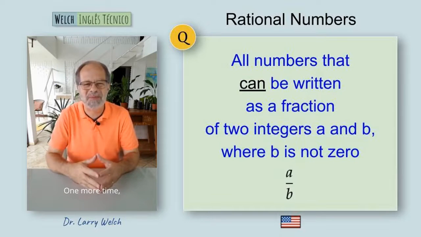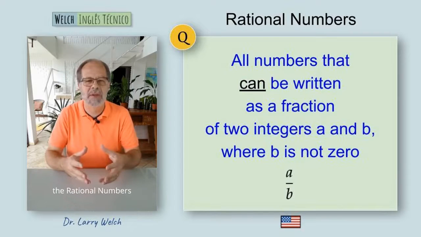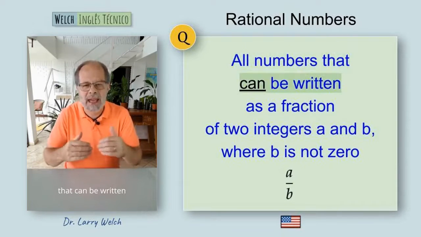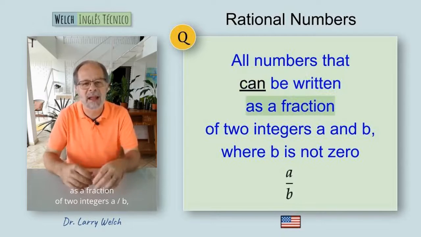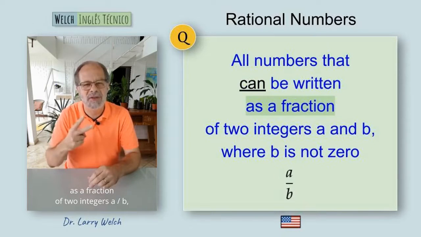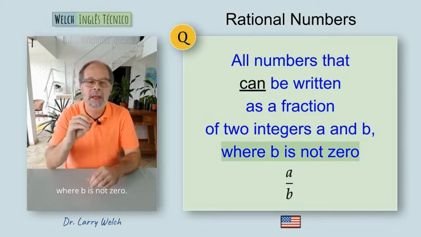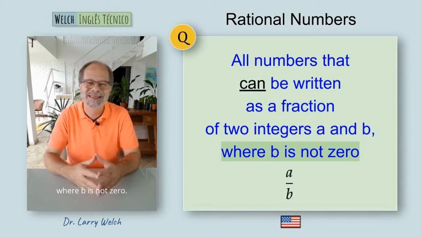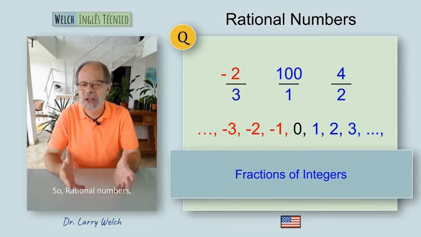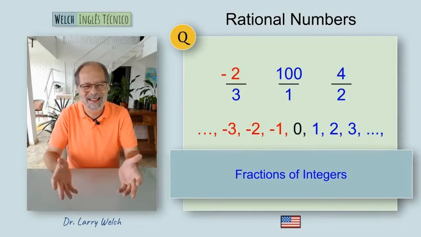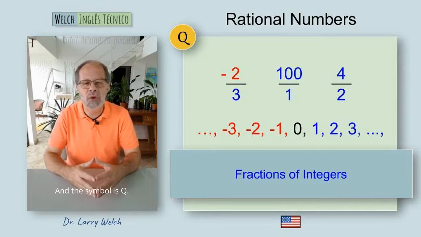One more time. The rational numbers is the set of all numbers that can be written as a fraction of two integers, a and b, where b is not 0. So rational numbers, fractions of integers, and the symbol is Q.